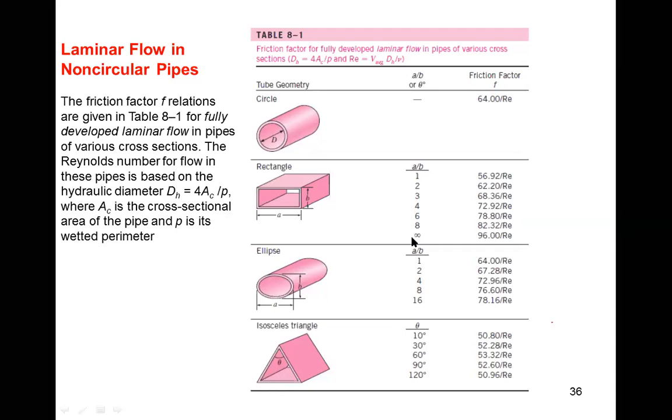This is just to show that for laminar flow, if you want to calculate the friction factor in the case of a pipe, it is 64 upon Re. In the case of a rectangular duct, if A and B are the same, you get this correlation. This would change because your hydraulic diameter is changing, so these values are changing. Okay.